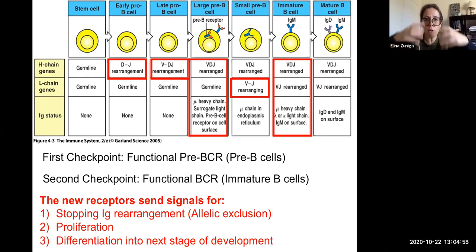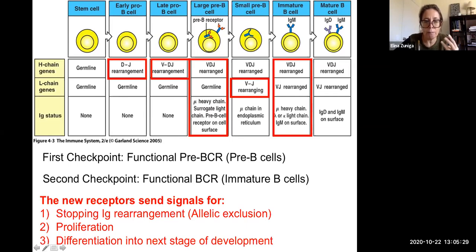So we want to make copies of the cell that was successful at generating a functional pre-BCR or a functional BCR, okay? And so that is mediated via proliferation of the clones that have successfully generated a functional pre-BCR or a functional BCR. So they successfully pass this first checkpoint and this second checkpoint.